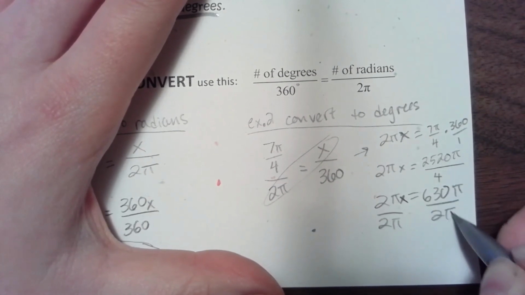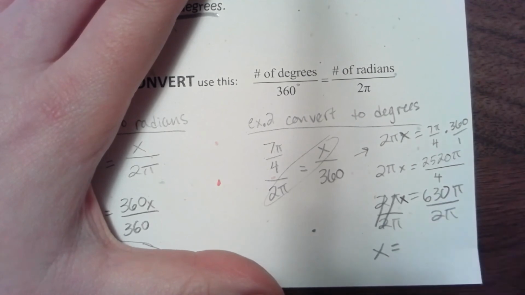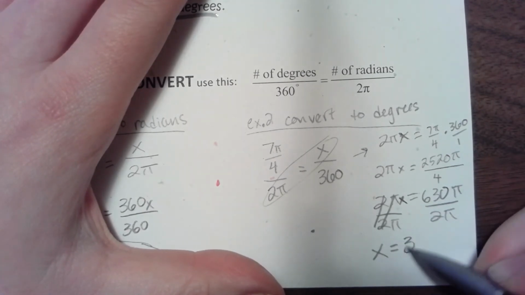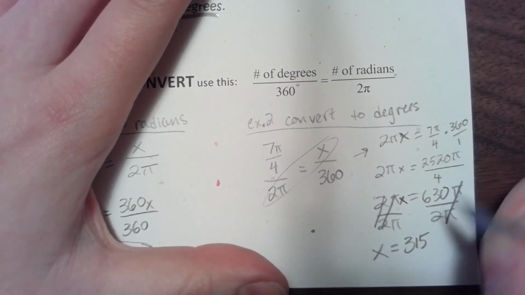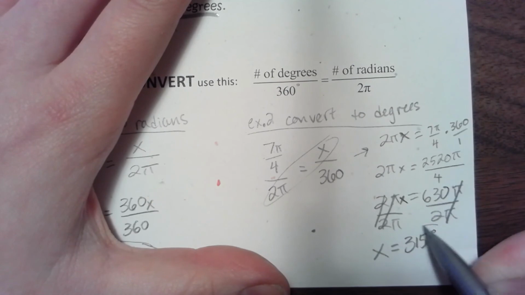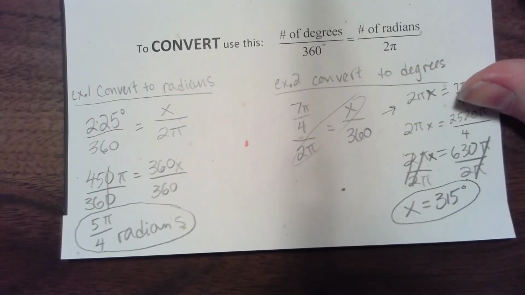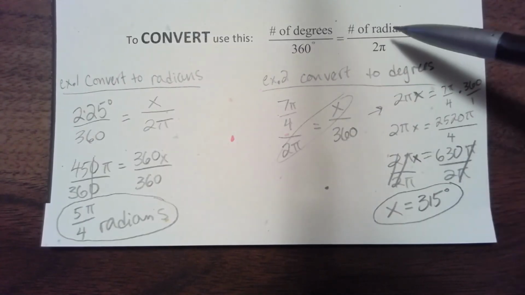That cancels. We get left with x is equal to, now we can take 630 divided by 2, which will get you 315. And then the pi's cancel because pi divided by pi is 1. So that becomes 315 degrees.